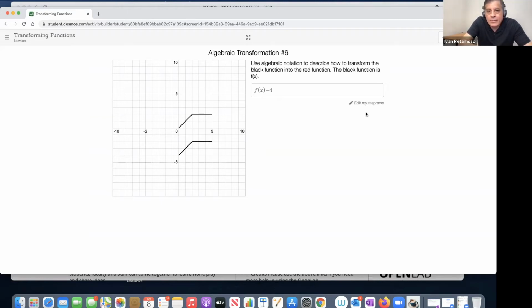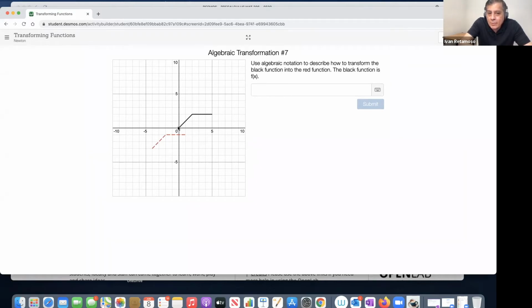Great, so we're good. Let's look at another one. This one a little bit tricky. What transformation, or transformations, are needed to go from this black function to this red function? Can you figure this out?